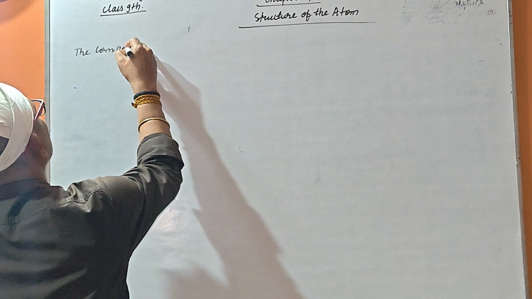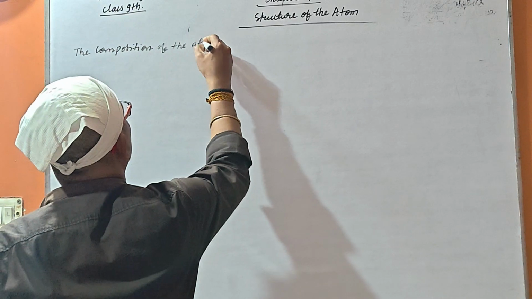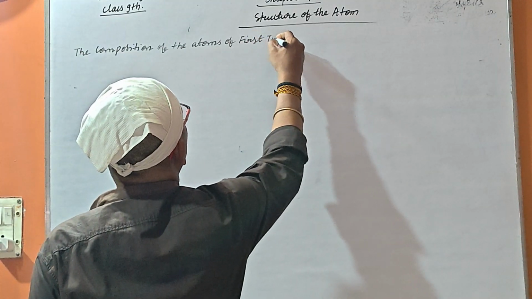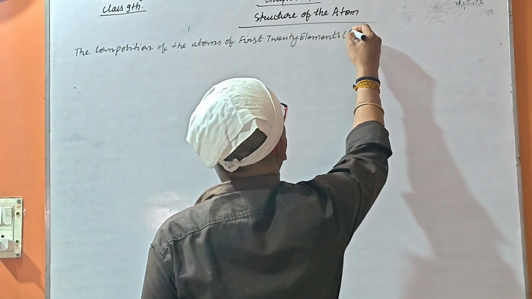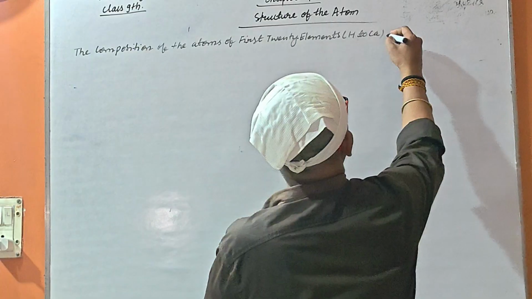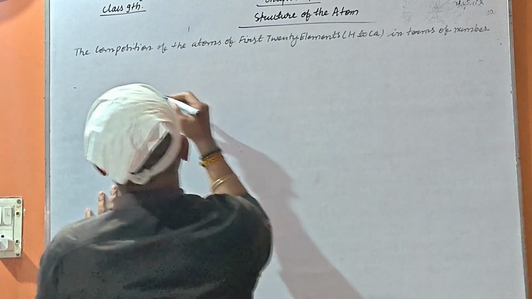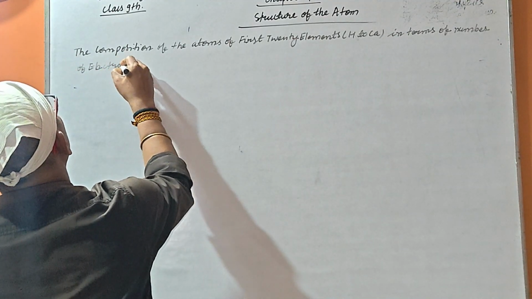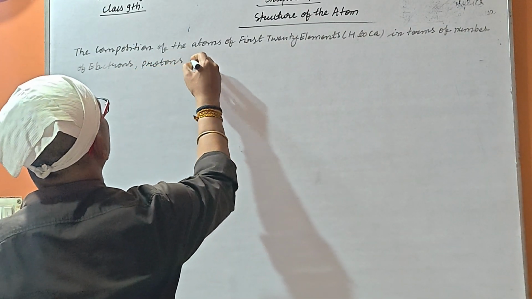The composition of the atoms of the first 20 elements, hydrogen to calcium, in terms of number of electrons, protons and neutrons.